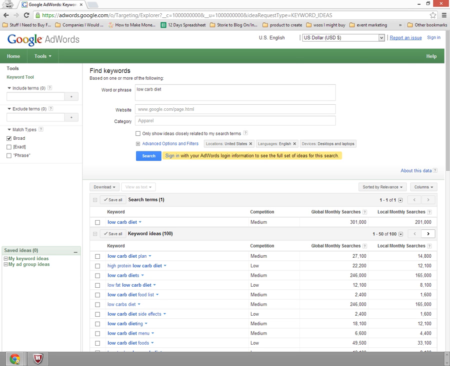So if you were doing paid advertising, this competition column would tell you that you would be competing against lots of advertisers who are very well funded and very well established if the competition is high. In this case, you'll see the competition is medium.